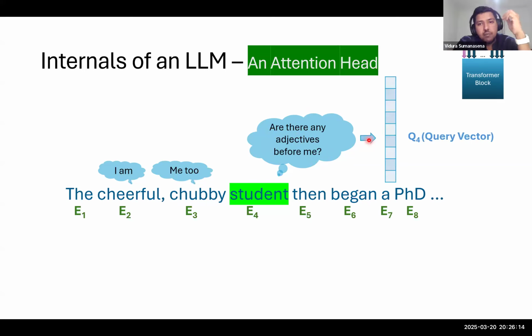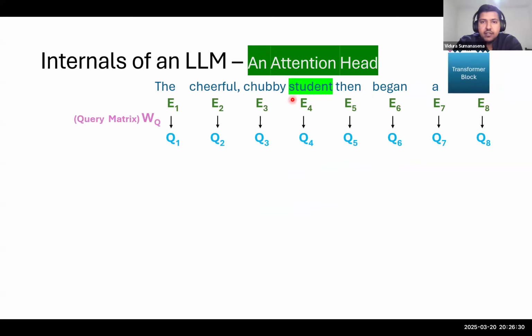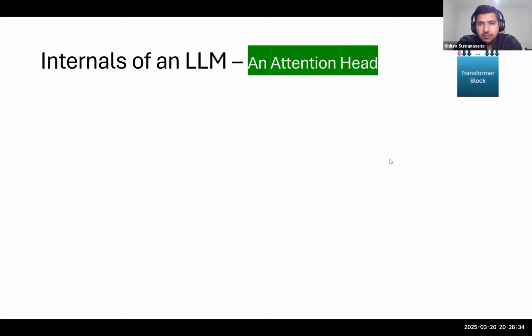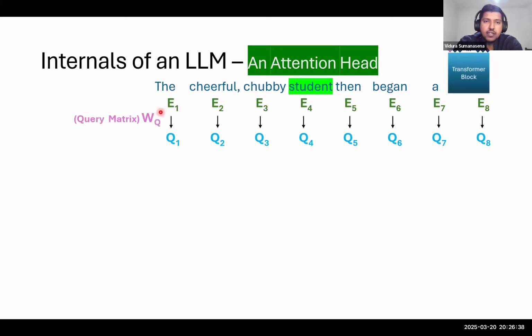This question, are there any adjectives before me, is embedded into what we call a query vector. The query vector represents this notion of "are there any adjectives before me?" It can be generated for each of the embeddings using the query matrix.